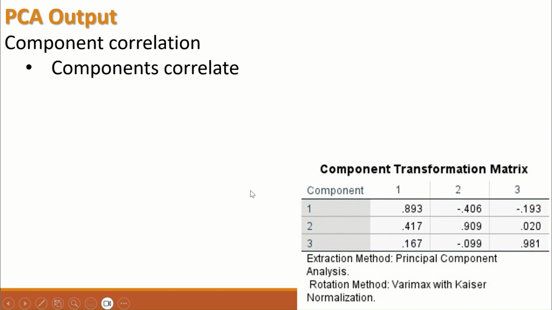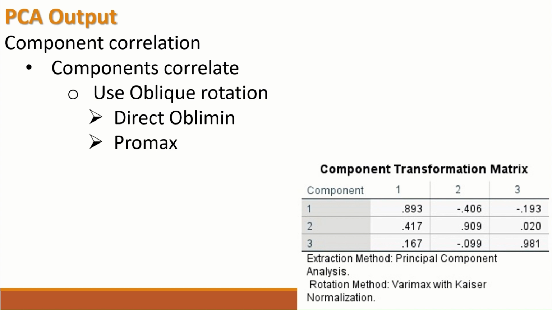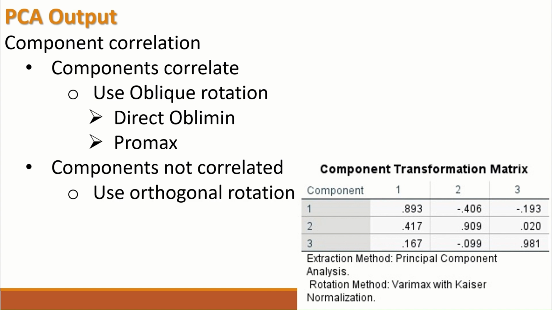So if the components correlate to each other, then this will help in determining the rotation method. Then use oblique rotation, whether it's direct oblimin or promax. When the components are not correlated, then use orthogonal rotation, such as varimax, equimax, and so on.